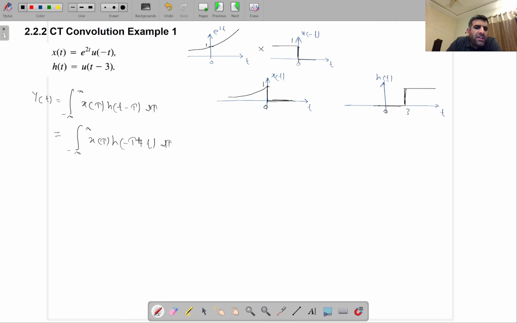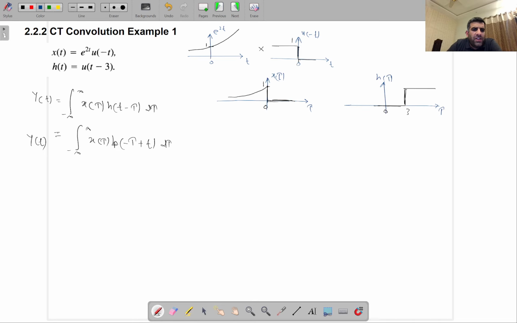So we are clear that t is the shifting parameter, because this side is written in terms of a tau variable. Now I need x of tau and h of tau. I have told you before that you simply change the variable over here and write tau. So now you have x of tau and you have h of tau as well.